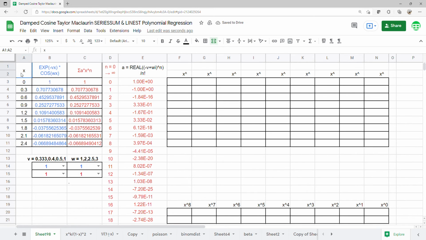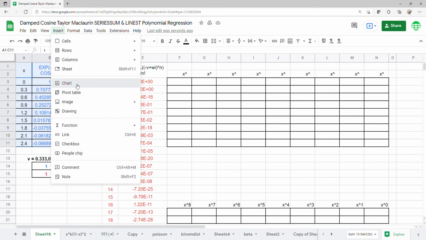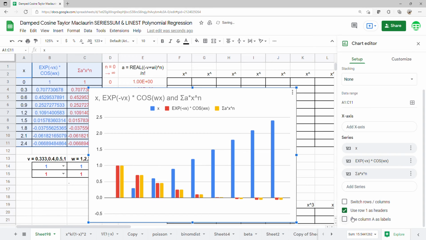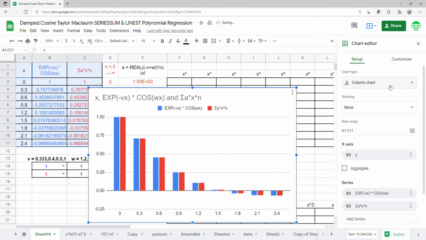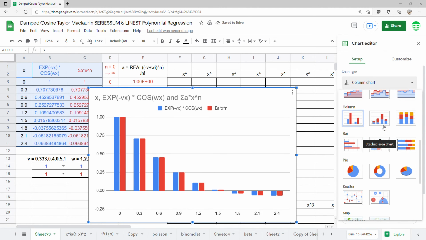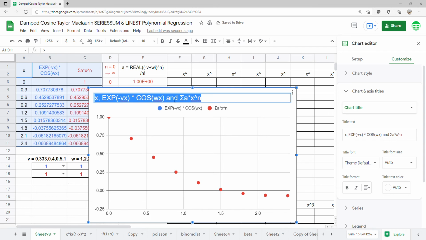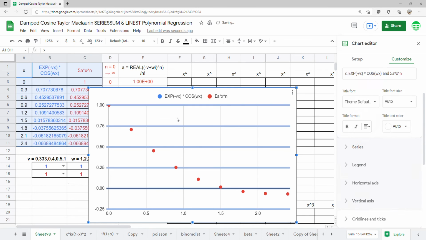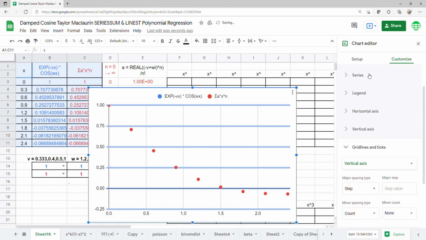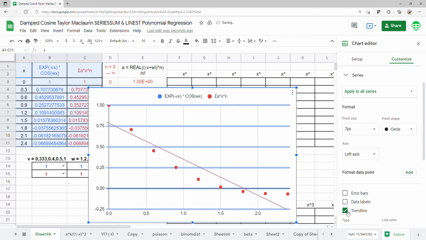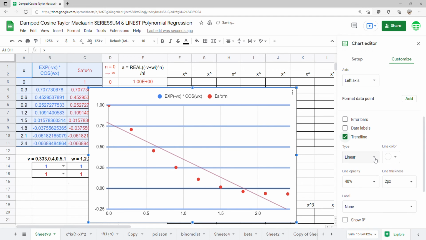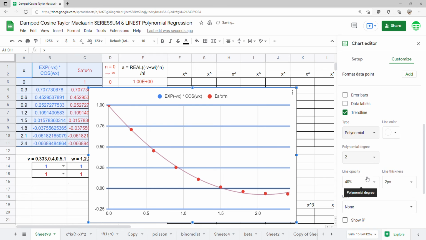And we'll chart this. Insert chart. And we use scatter chart. We don't need this space. We don't need the title. But we show the trend line. The type of the trend line, polynomial.